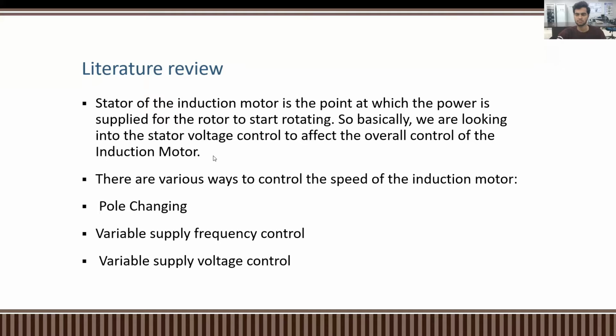There are three methods to change the speed of an induction motor: we can change the number of poles, use variable supply frequency control, or use variable supply voltage.